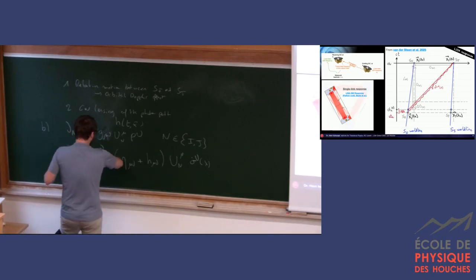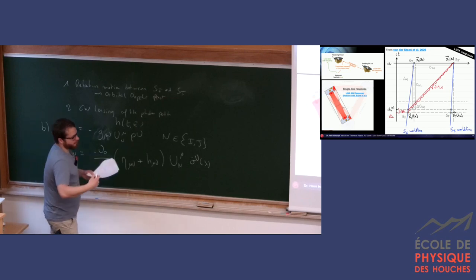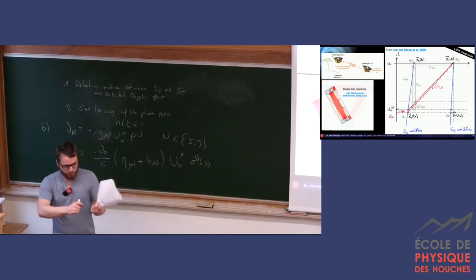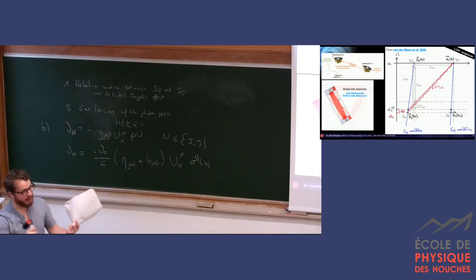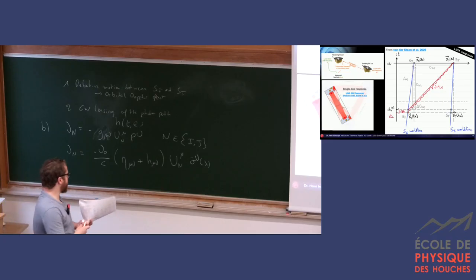Nu zero is the natural frequency of your photon as observed from a co-moving frame, which you put at infinity, meaning a place where you have flat spacetime. So this is the definition of nu zero.